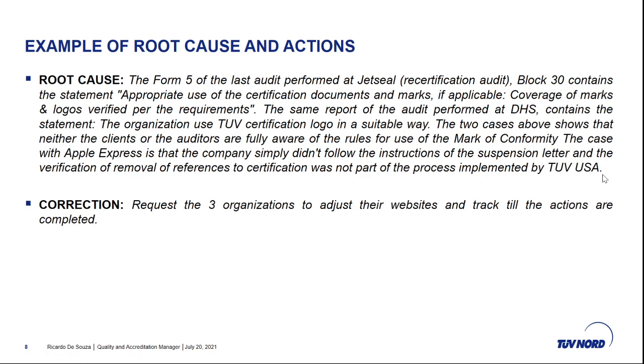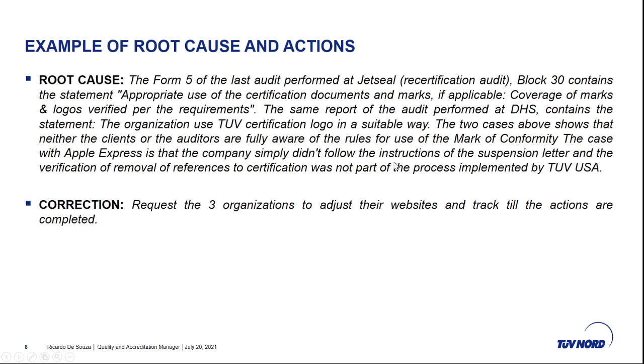So in this case, the company had their certificate already expired but it was still on their website, there was a suspension letter that was sent to them, and the suspension says, remove our certificate from the website. And they didn't do that. But we didn't have a process to verify that.